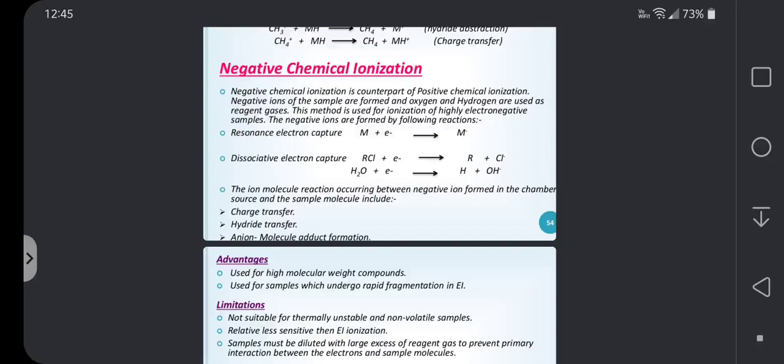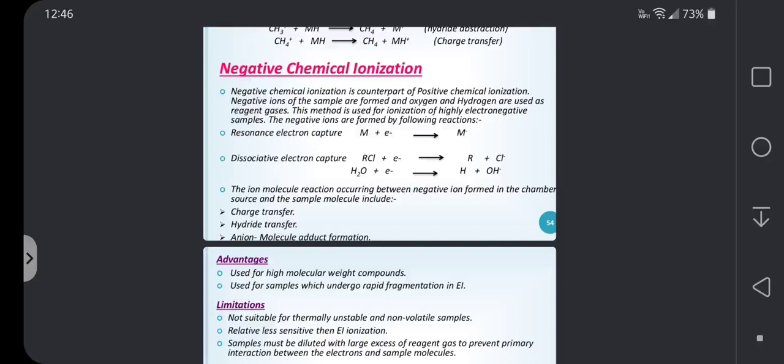The negative ions are formed by the following reactions: resonance electron capture and dissociative electron capture. In resonance electron capture, the neutral molecule accepts an electron and is converted into an anionic species.